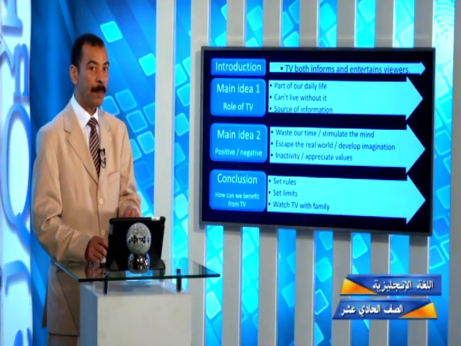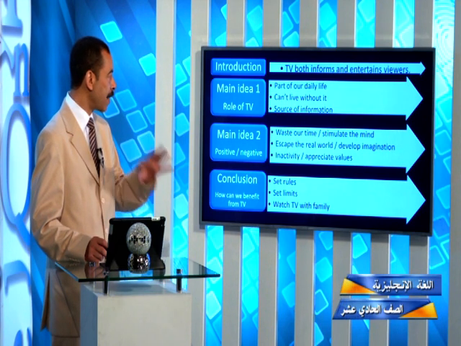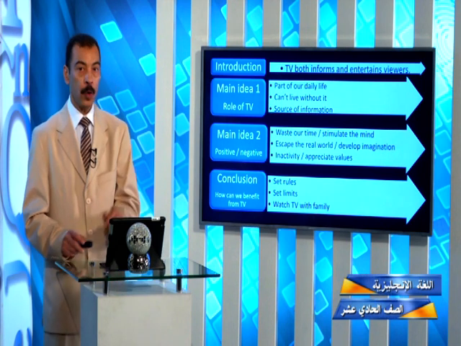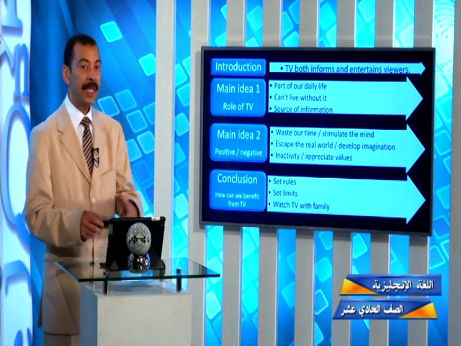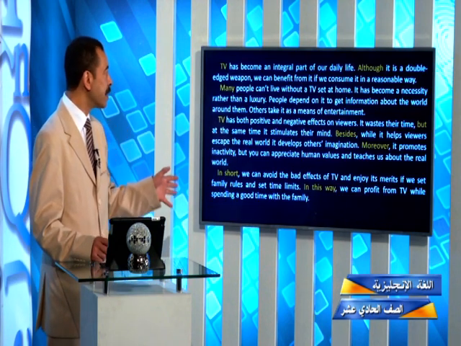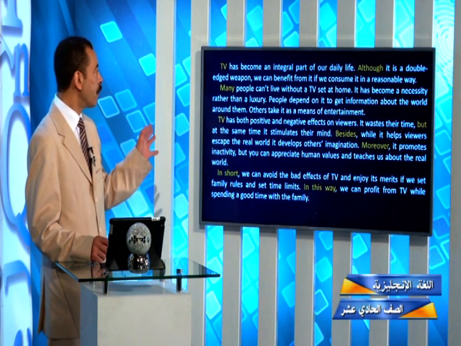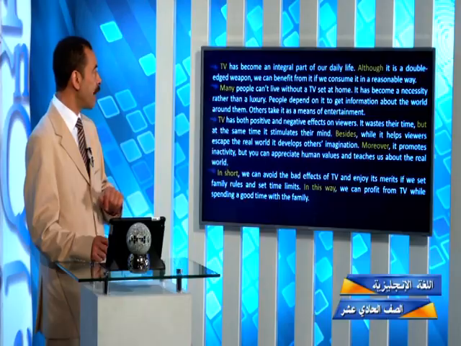For any topic, you need to talk about the introduction, the body, where you talk about paragraph 1, paragraph 2, and a conclusion. Now, after writing your plan, you need to develop your sentences, and you write something like this. First you need to pay attention to the indentation of paragraphs.